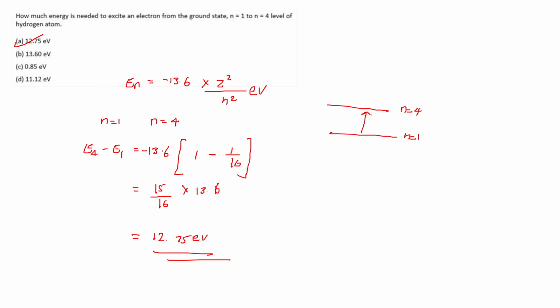These two are the simple problems. So we will go to the next problem.